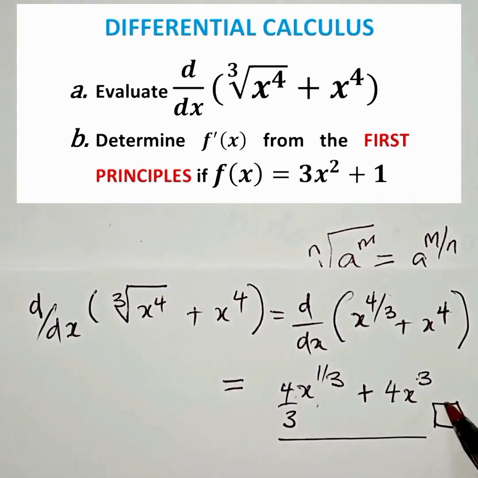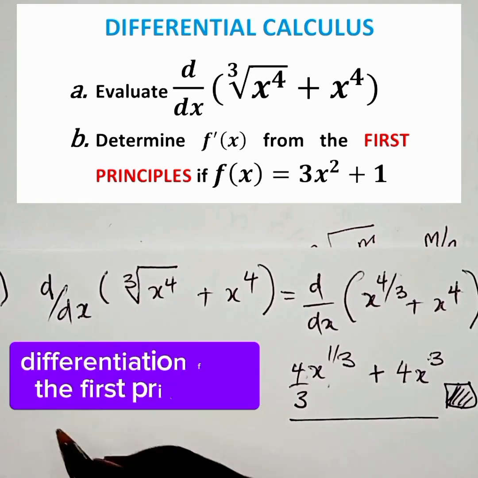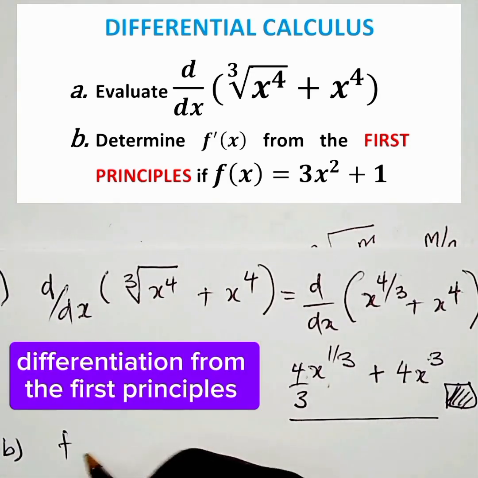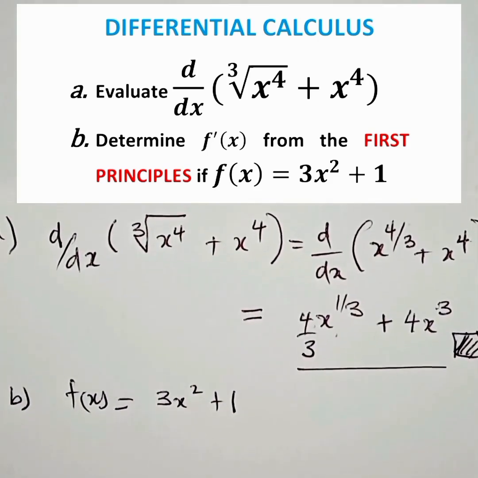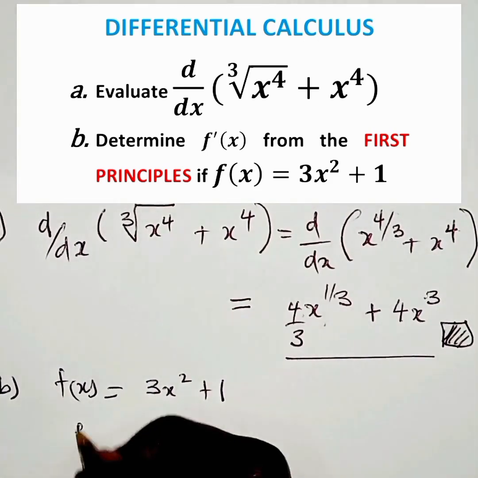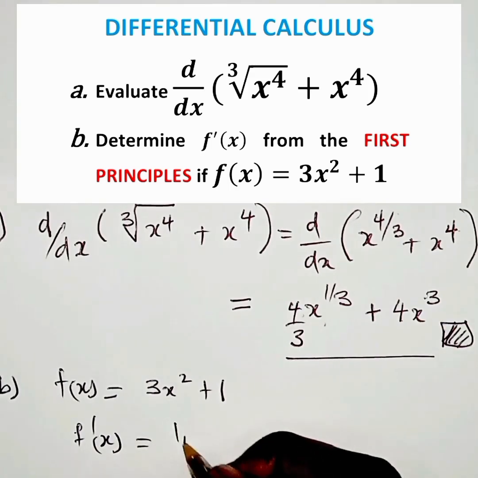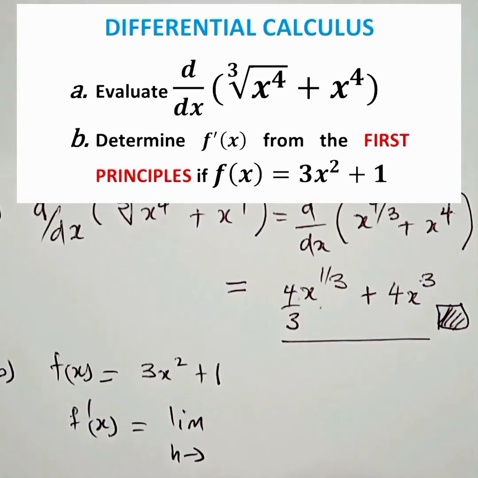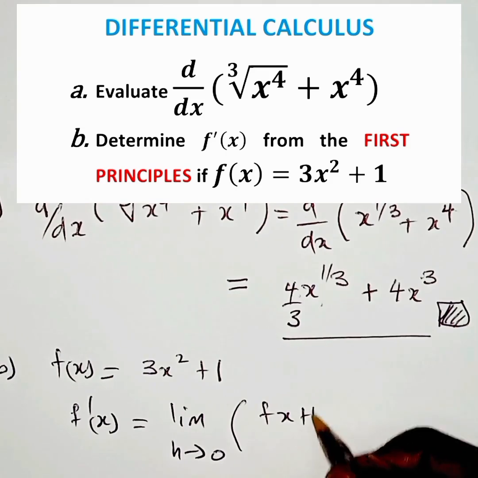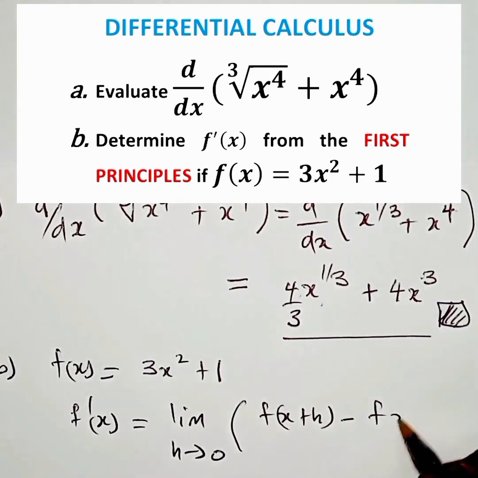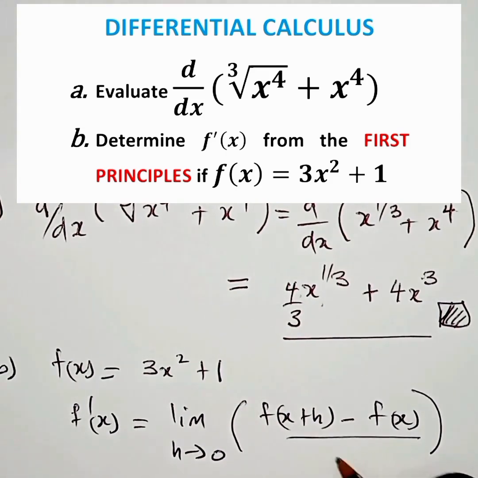All right, now let's move on to part B. On part B, we need to differentiate from the first principles. So that's B, f(x) is equal to 3x squared plus 1. Now the formula for doing that is given by f prime x is equal to the limit as h approaches 0 of f(x plus h) minus f(x), and all of that is divided by h.